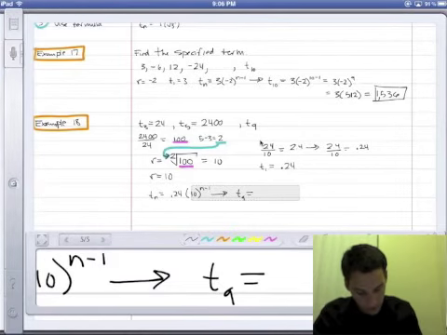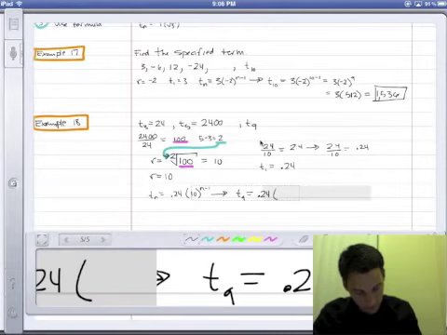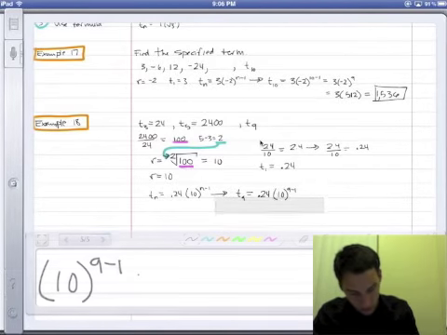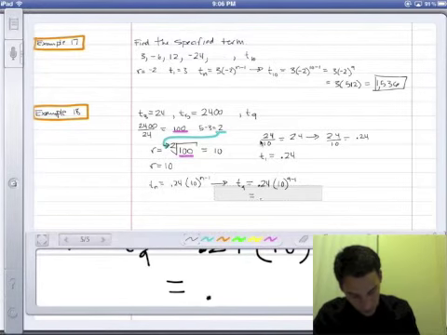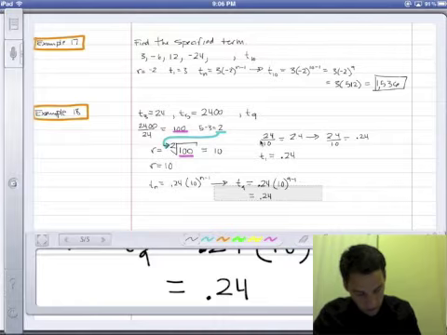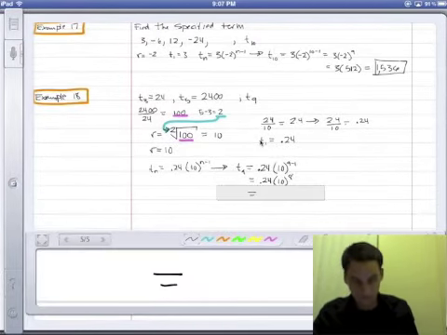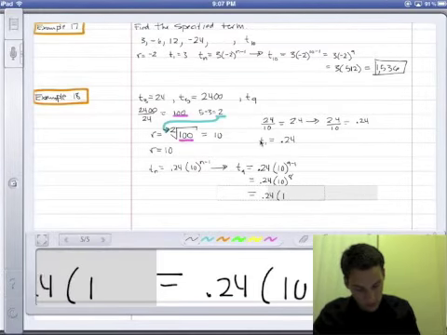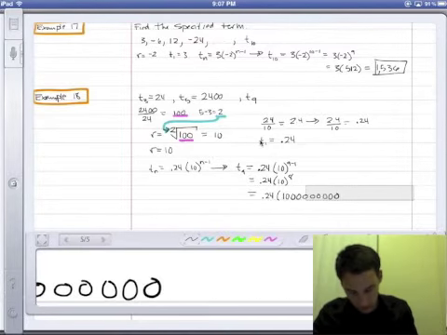And I'll have 0.24 times 10 to the 9 minus 1, which is equal to 0.24 times 10 to the 8. 0.24 times 10, 1, 2, 3, 4, 5, 6, 7, 8.